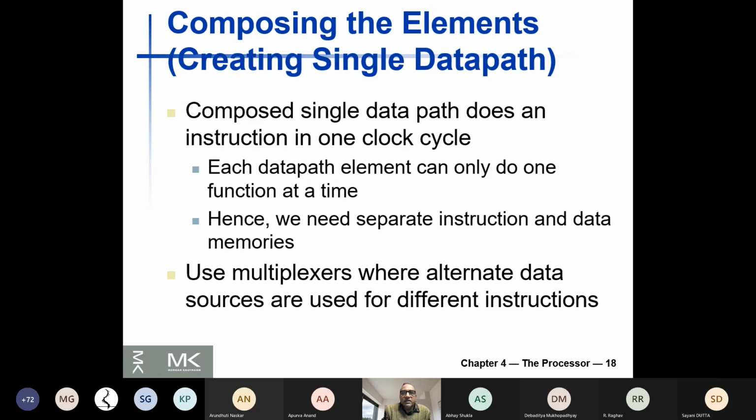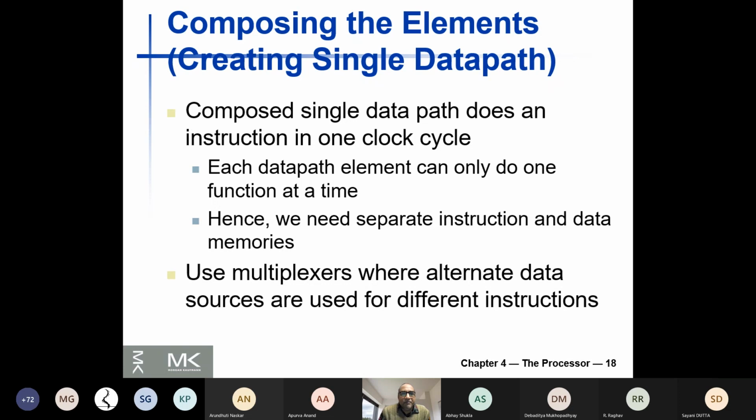But when you are designing a processor, it should implement all the instructions, not just R type or load and store or branch. All of them should be implemented by the same data path. So whatever individual components we have discussed should be integrated together so that a single data path can execute all the types of instructions.